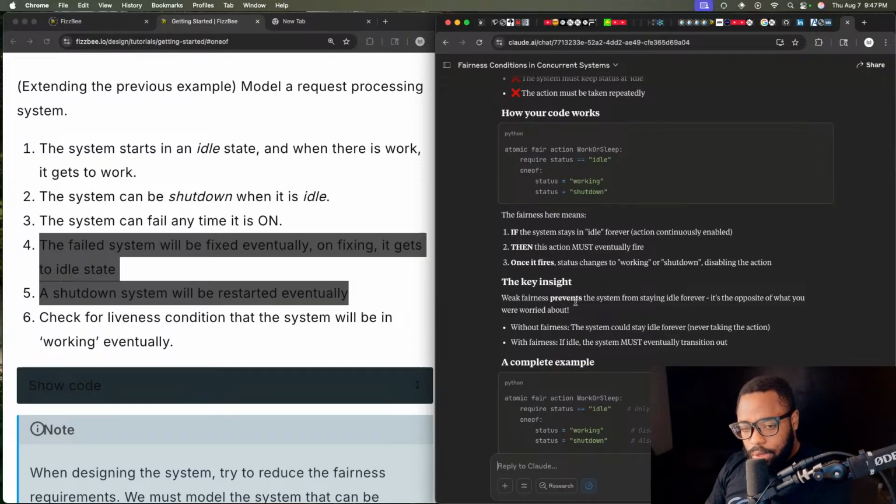The key insight: weak fairness prevents the system from staying idle forever. It's the opposite of what you were worried about. Without fairness, the system could stay idle forever, never taking any action. With fairness, if idle, the system must eventually transition out.